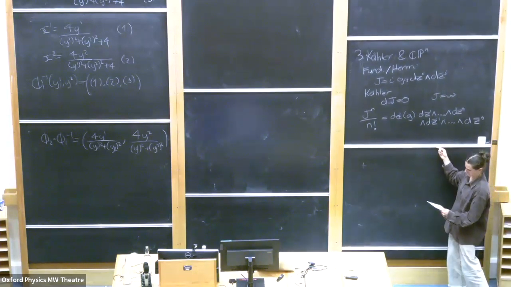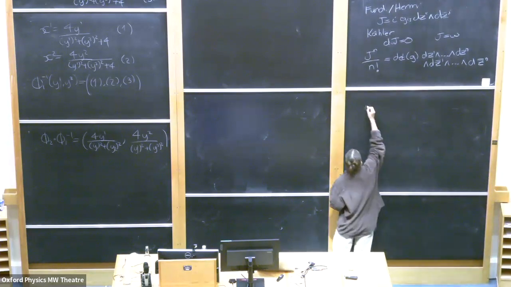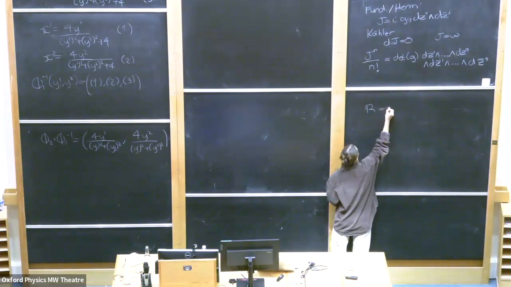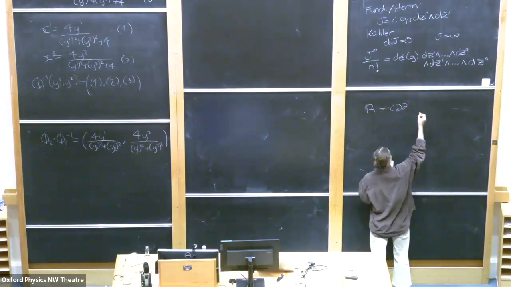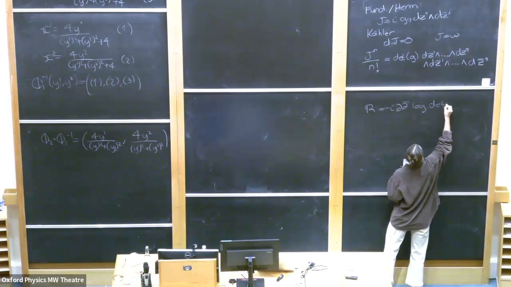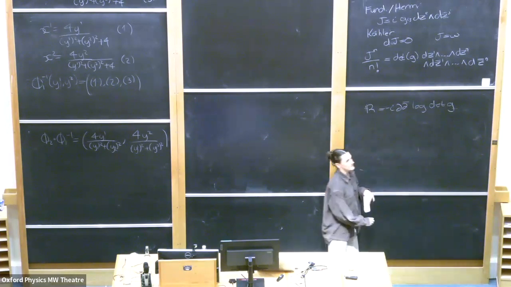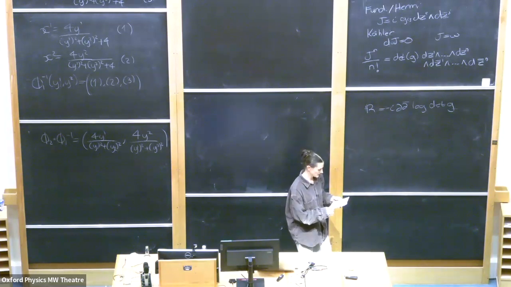And for a Kähler manifold, you can write the Ricci 2-form as minus i del del bar log determinant of g. This is going to be important when we come to solve problem 2 in a second.